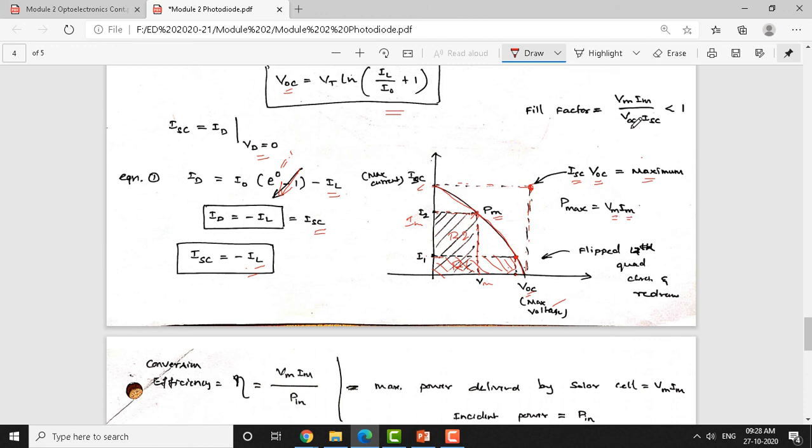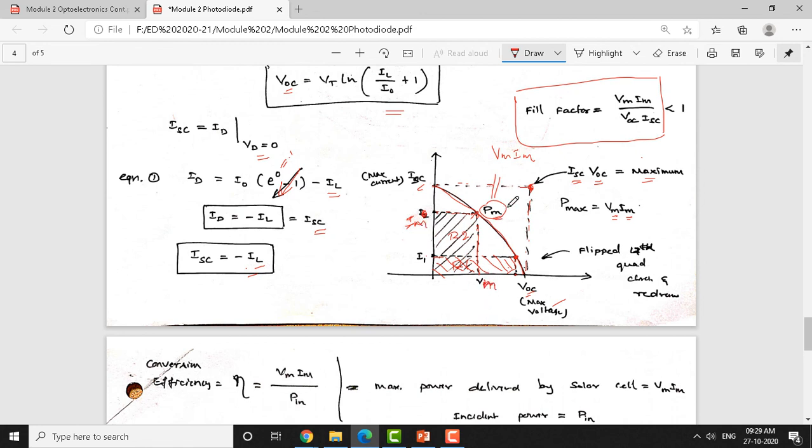And now, we are going to define what is called the fill factor, which is an important formula for solar cells. Vm Im is nothing but Pm, which is equal to Vm times Im. We call this I2 now Im, and the corresponding voltage Vm.